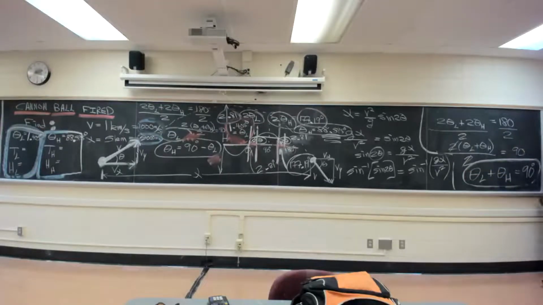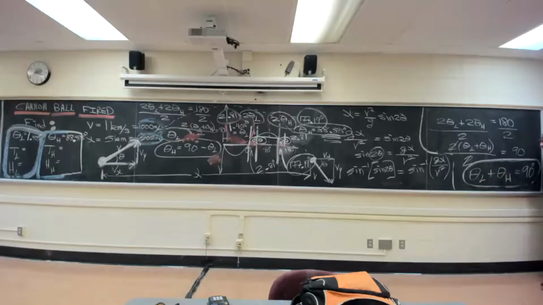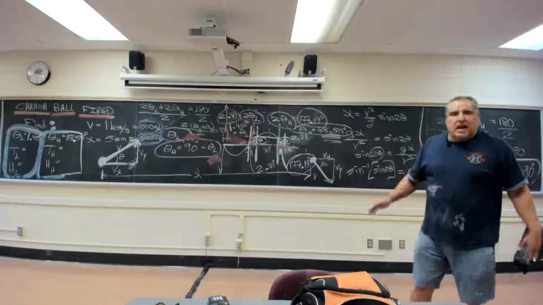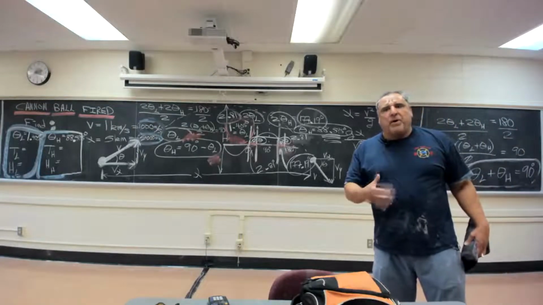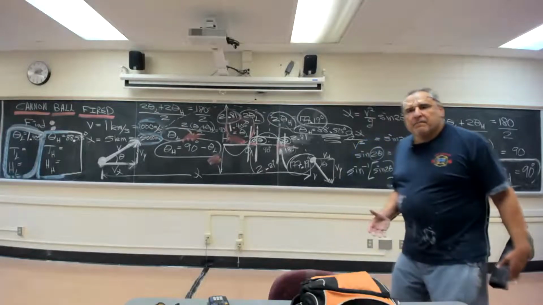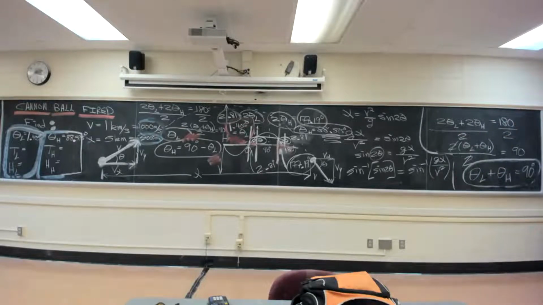That means they add up to 90 degrees. If you found that this one was 1.405, the other one is 88.595. Simple as that.